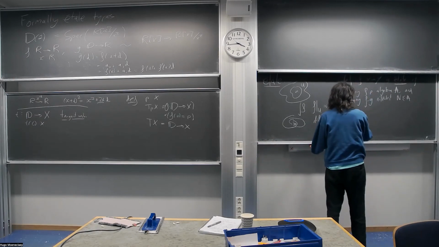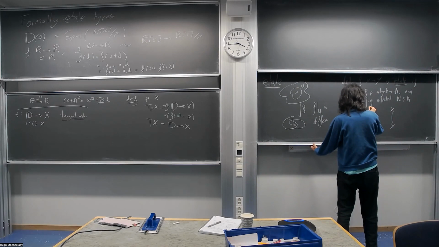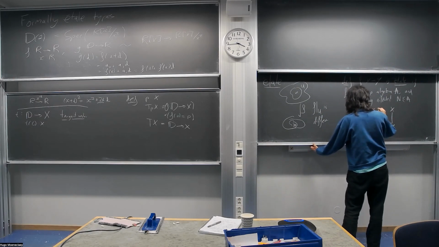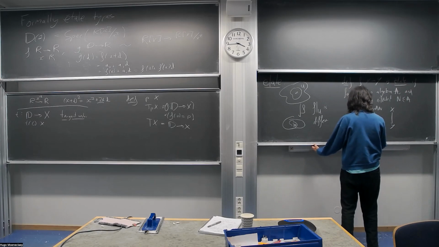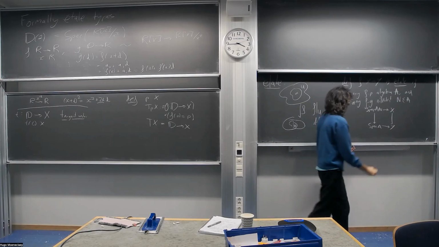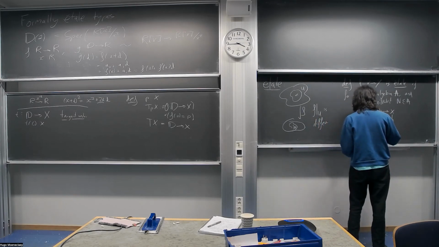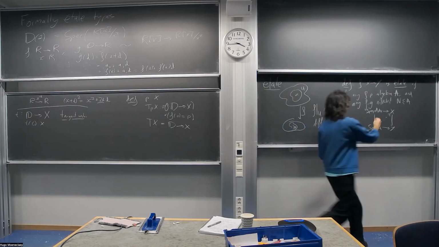If X goes to Y like this, and we've got the spectrum of A/N here, and the map goes this way to spec A, then for any square like this, there should be a unique lift of this map here.